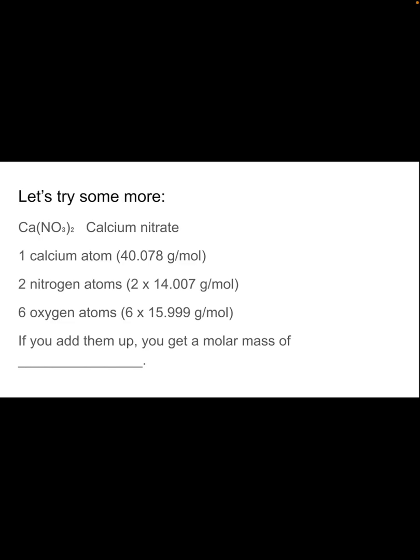So I have 1 calcium, I have 2 nitrogens because of that 2 on the outside of the parentheses, and I have 6 oxygen because 2 times 3 is 6. So multiply all your numbers, add everything up, and you should get 164.086 grams per mole. If yours is off by a couple of numbers, that's okay. It's probably just a different periodic table than what I'm using.